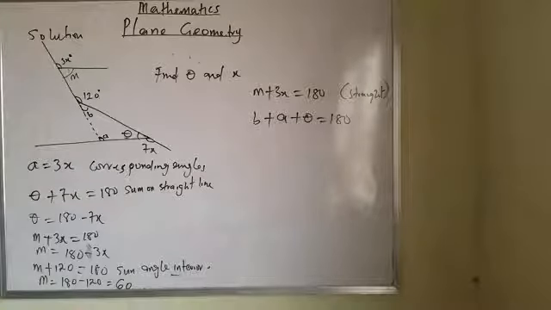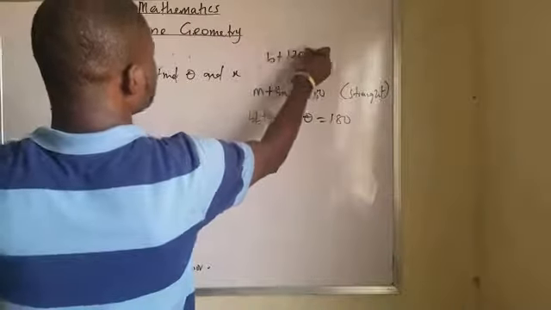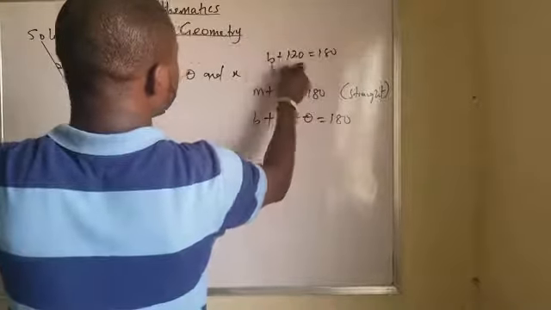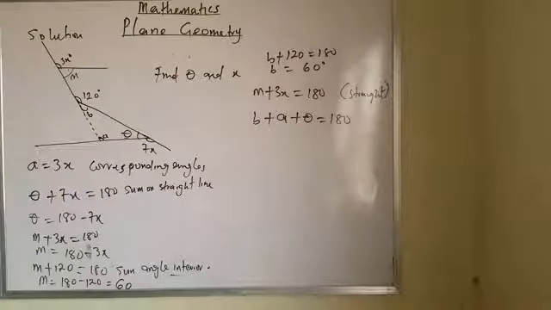Now, I have my A, my theta is equal to this. Then my B: B plus 120 equals 180. It means my B equals 60 degrees.